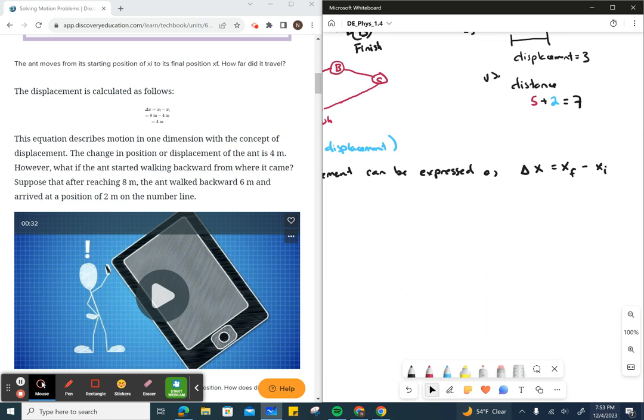Basically, just subtract the distance between the 2 points.